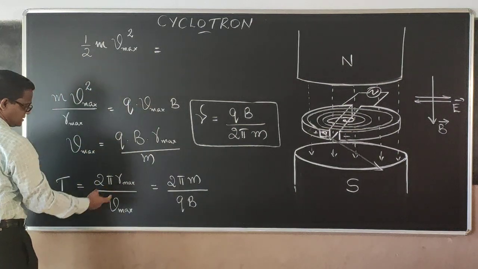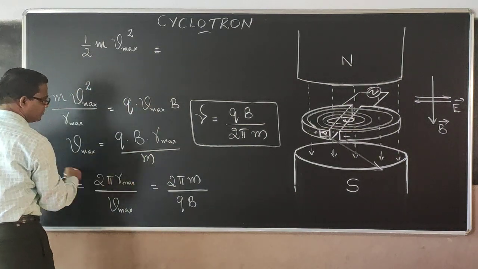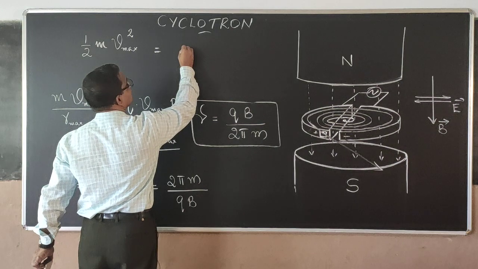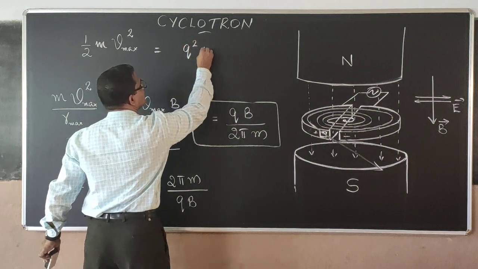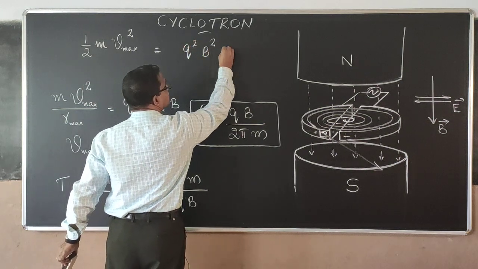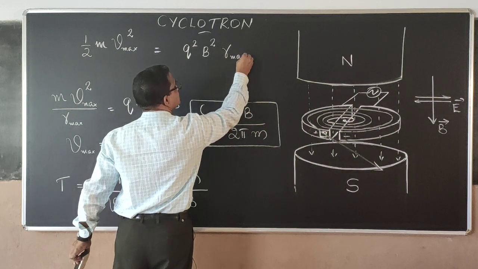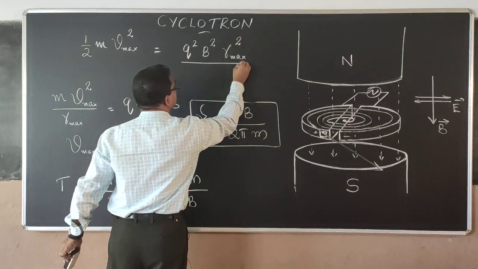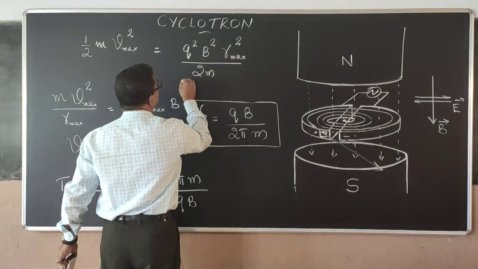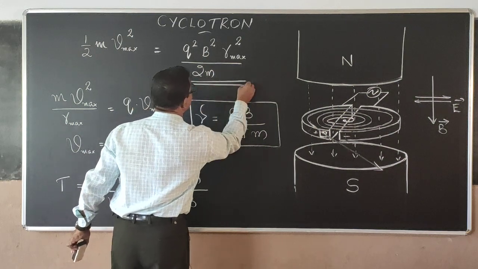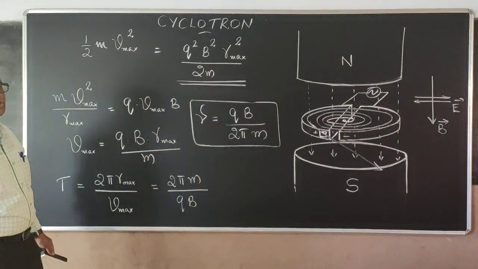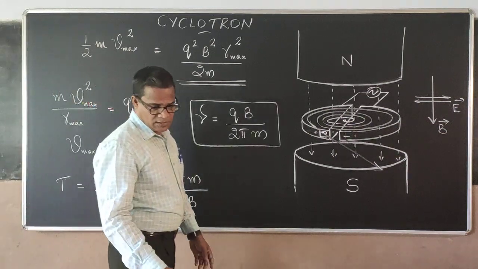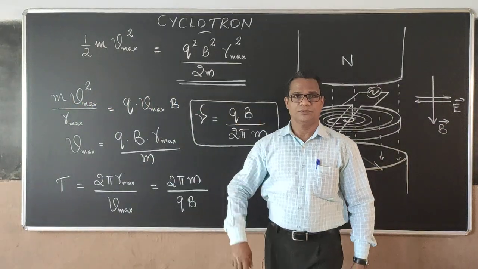Substituting this v max as this one, you get the equation as q square B square R max square divided by 2m. Now this is the equation for kinetic energy of the particle possible from the cyclotron.